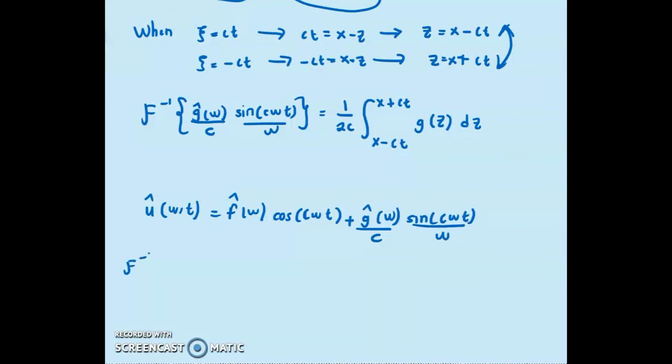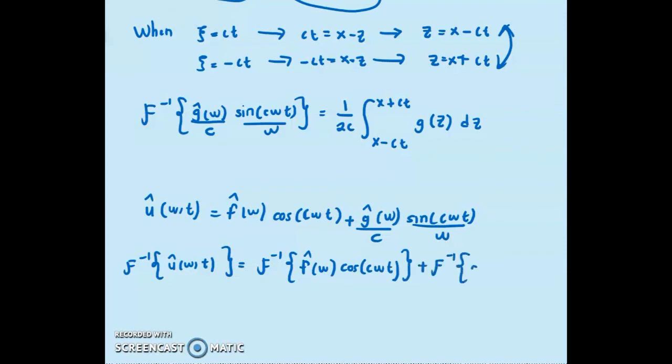Now taking the Fourier inverse of the above function gives you the inverse of the first term plus the Fourier inverse of g hat omega over c times sine c omega t over omega.